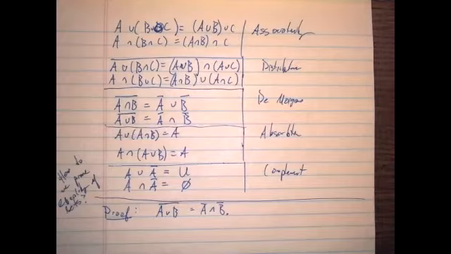What does it mean for two sets to be equal? That's true. Two sets are equal if and only if they have the same elements.